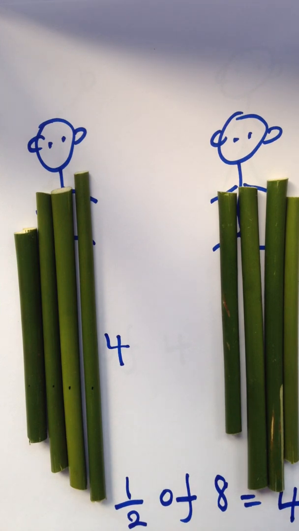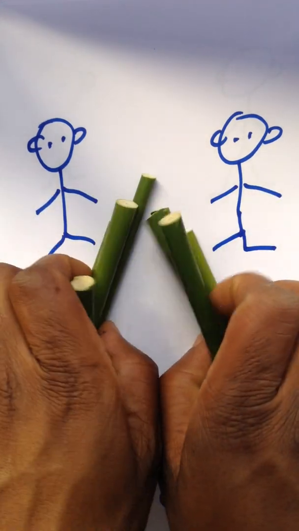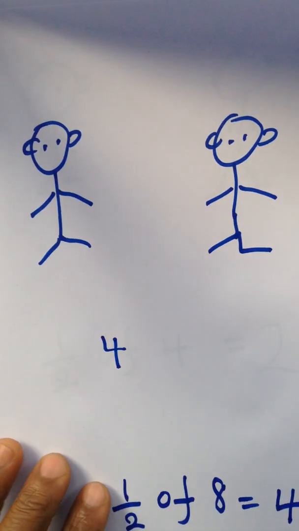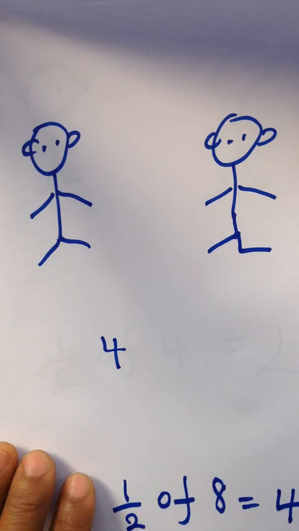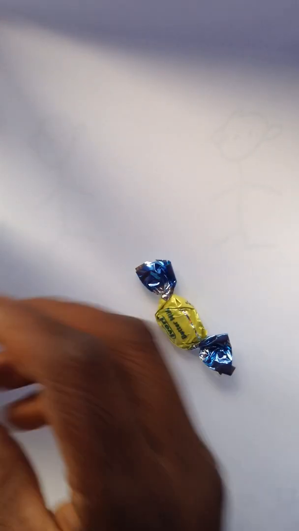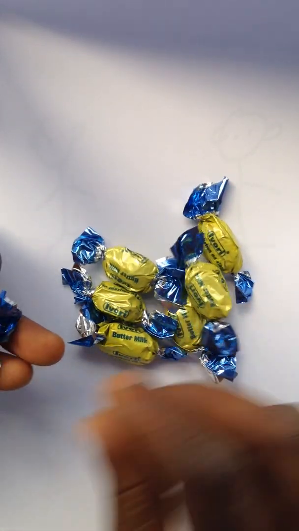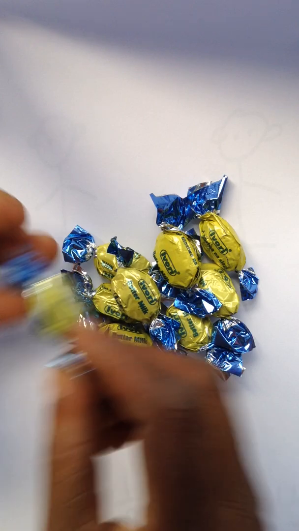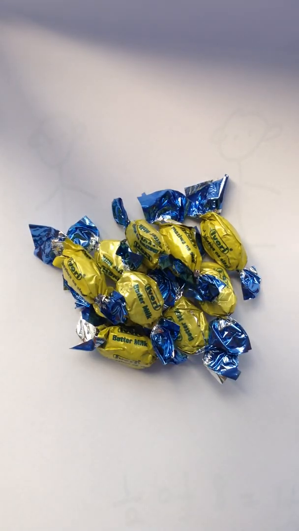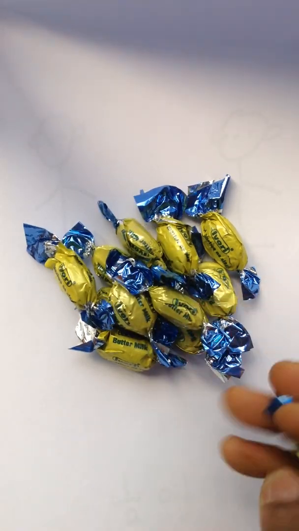Okay, let me bring back the sweets again. We have done 8, now let's do 12. So I'll put this away. Now let's do 12. So I need 12 sweets. 1, 2, 3, 4, 5, 6, 7, 8, 9, 10, 11, 12.